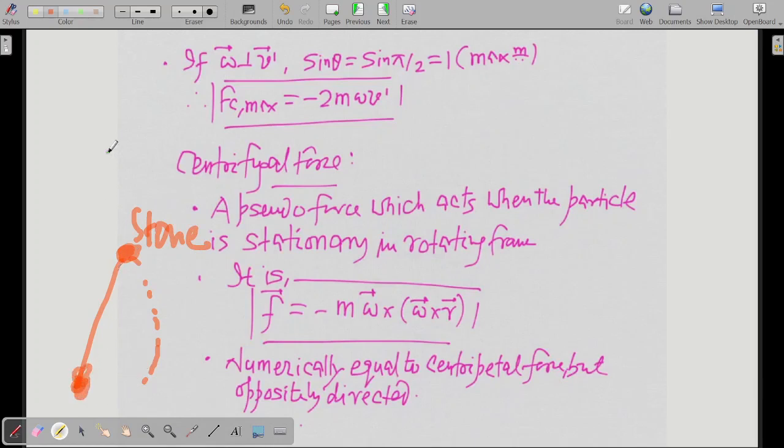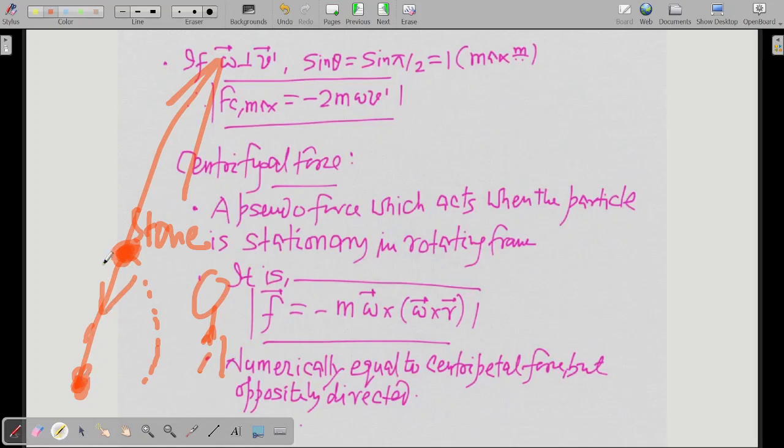Then what will happen? With respect to someone sitting on this stone, suppose an ant is sitting on this particular stone, then what will happen? The ant will feel that I am facing a force in the opposite direction, that is away from the center. But with respect to a person standing on the ground, he will think that the ant is getting attracted towards the center.